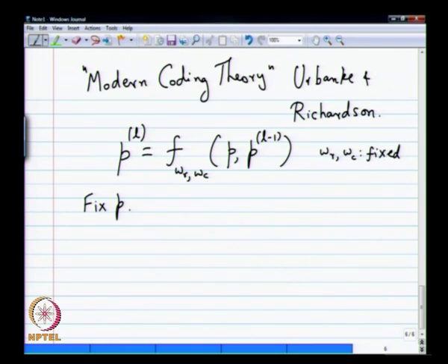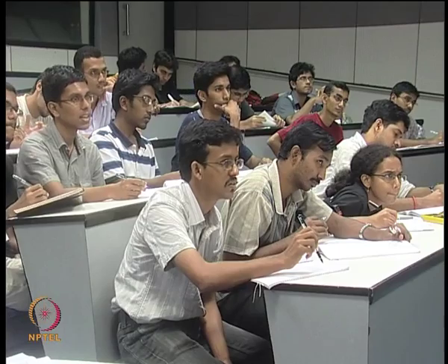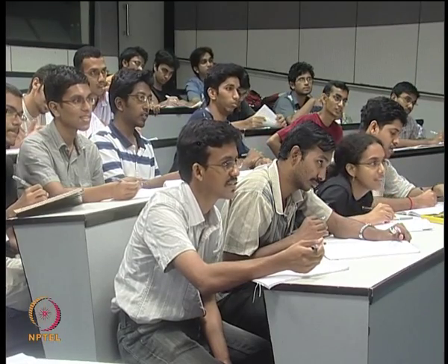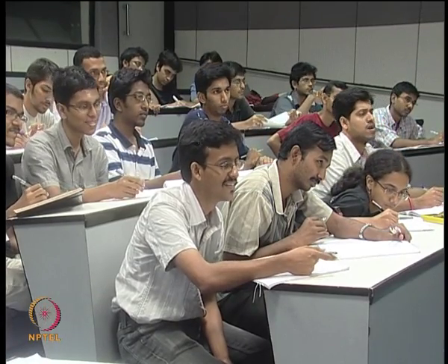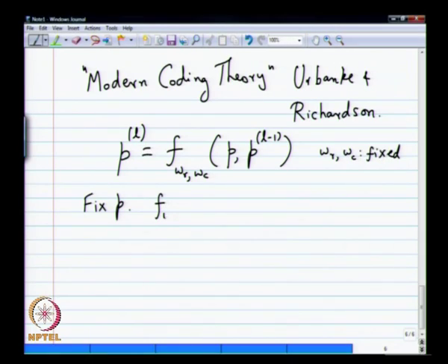For instance, you differentiate it and figure out if it's positive or negative, and you can show that this will be monotonically, what can you expect as a function of P_{L-1}? This function will be monotonically decreasing. So you fix P, F(W_R, W_C) is monotonically decreasing in P_{L-1}.